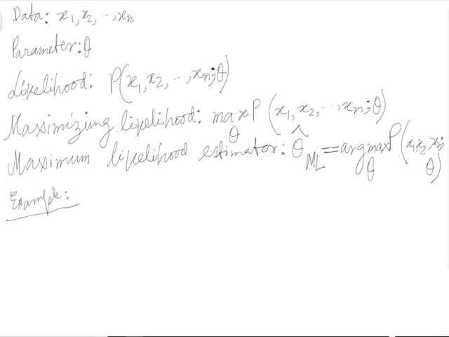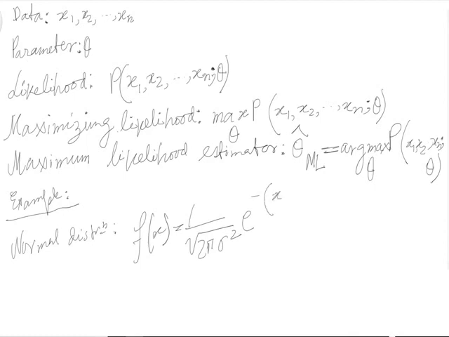Now let's take an example. Let's consider the one-dimensional Gaussian distribution or normal distribution, which is given by the PDF f(x) as 1 over the square root of 2 pi sigma square, times exponential of negative (x minus mu) whole square divided by 2 sigma square.